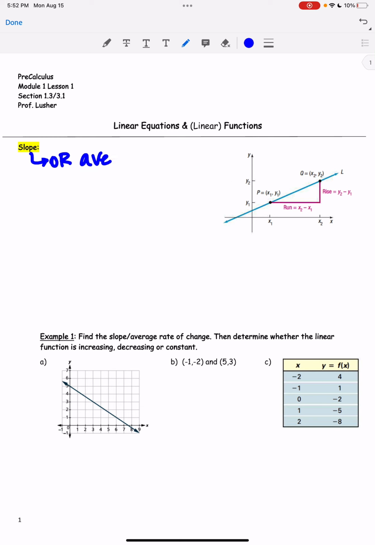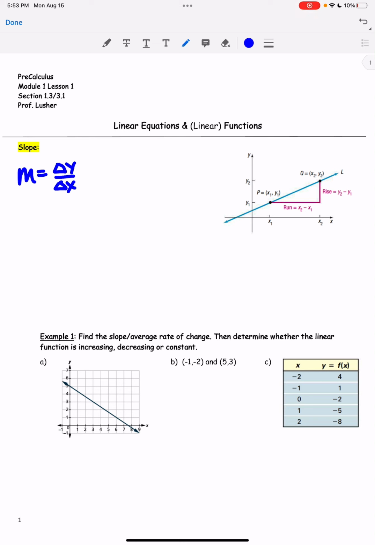Now, for all of these terms, we have a couple different ways that we write our slope formula, but really they mean the same thing as well. We have delta y over delta x. If you are specifically an engineer major that's going to go on to calculus, DiffEq, and on, you need to be familiar with delta y over delta x.